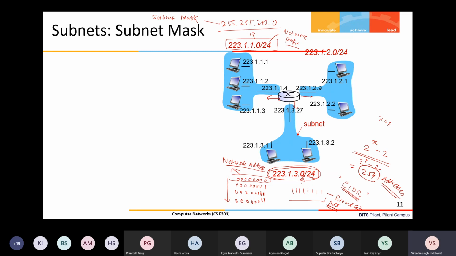Right? So this is a subnet network which has a network address, and with the help of this we can figure out how many machines can be connected, what the network prefix is, what the host prefix is, and what the network mask is.